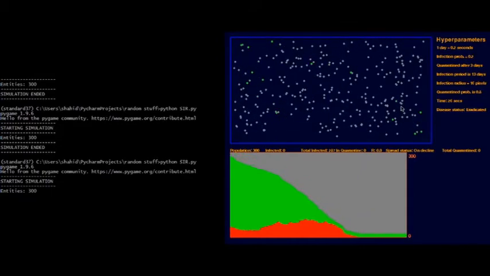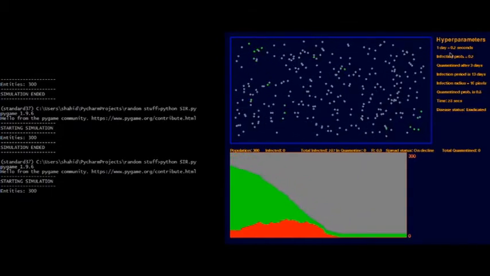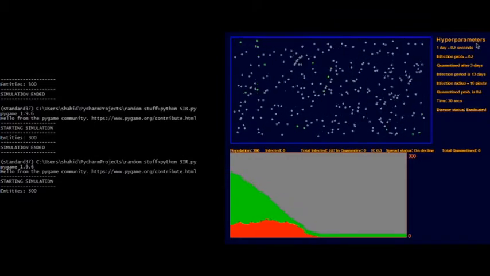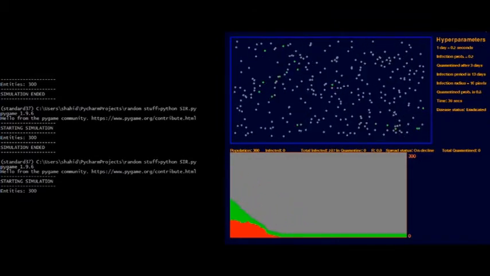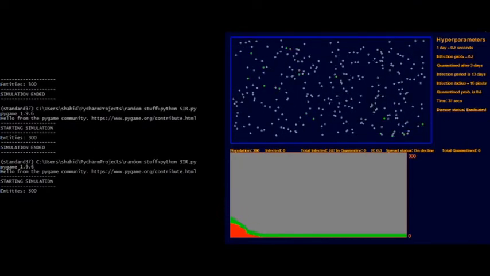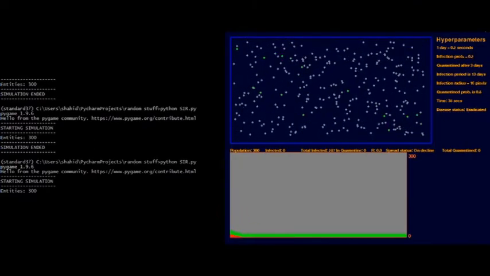As you can see, the graph is flattened out even more, but the total infected is still 287 out of 300, which is not good. It's definitely not good.